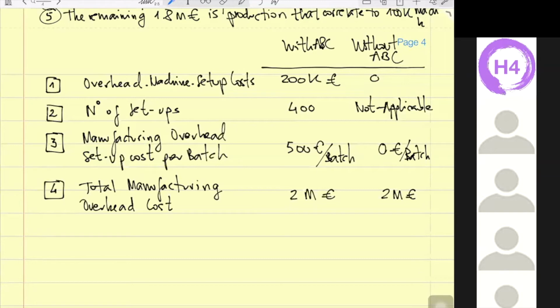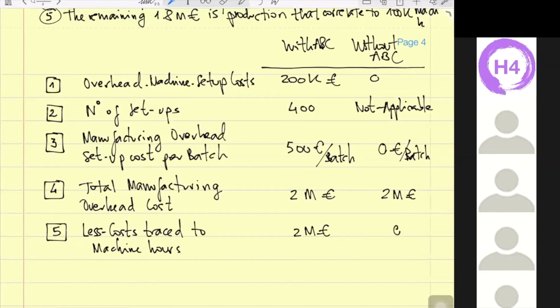Five, less costs traced to machine hours. Well, here we have 2 million euro as well. And here we have 0.